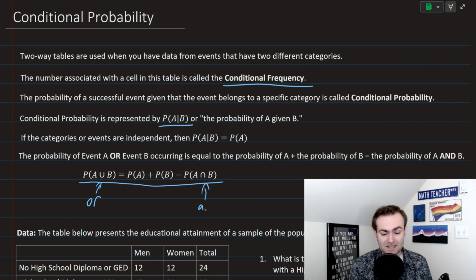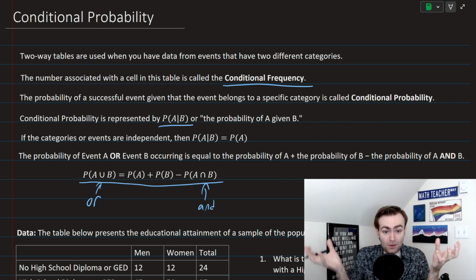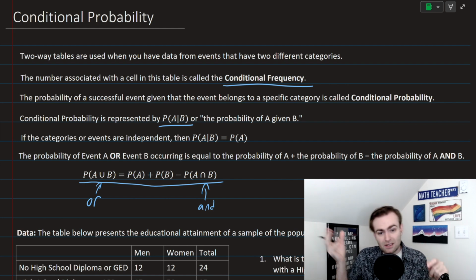For our purposes, it stands for and. So and means that both have to be true at the same time, or means that one could be true or the other could be true at any given time, and it still works. They both could be true, one could be true, the other could be true, and all of that produces a true statement. But if they're both false, then it doesn't include it.